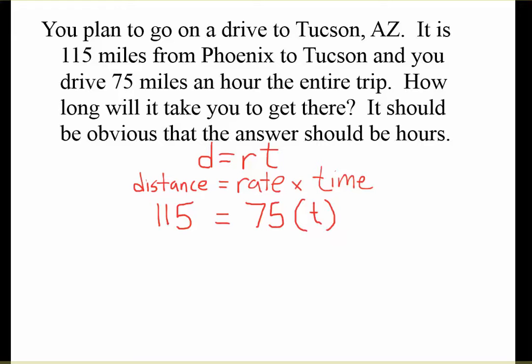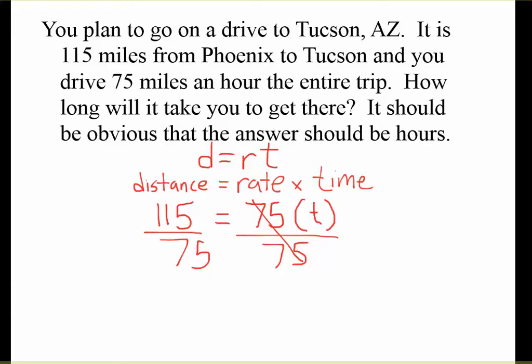And you guys all learned how to solve one-step equations. What would we do in this case? Well, if we want to figure out what t is, we have to isolate the t. You're going to divide both sides by 75. Go ahead and take your calculator, go ahead and divide 115 by 75, see what you get. I believe you get some sort of decimal number.